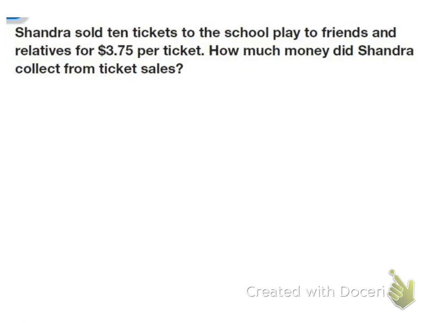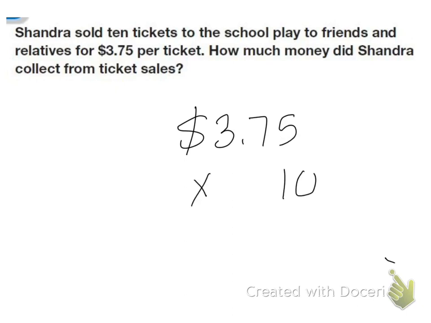Let's try another one. Chandra sold 10 tickets to the school play to friends and relatives for $3.75 per ticket. How much money did Chandra collect from the ticket sales? We can do the same trick with our money values. So I have $3.75. I'm going to multiply that by 10.